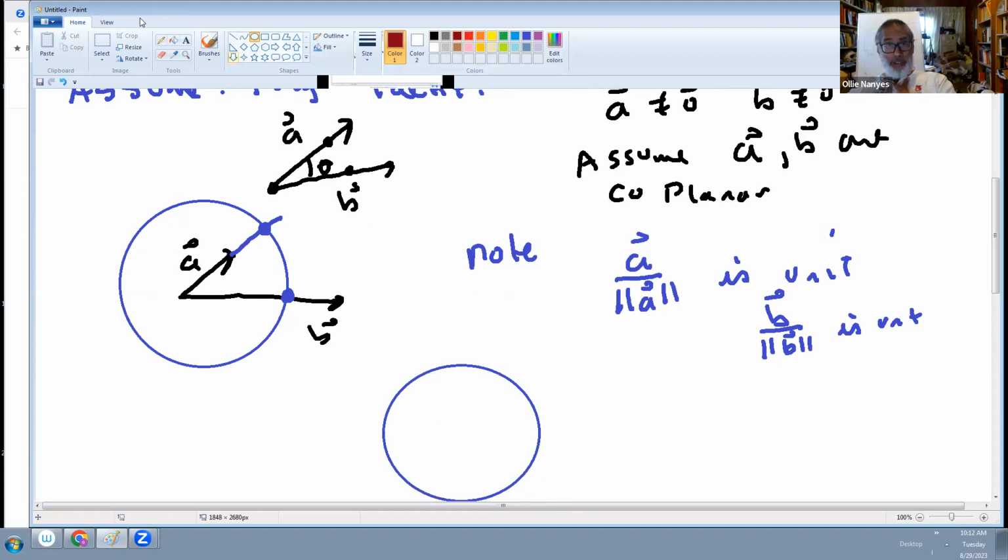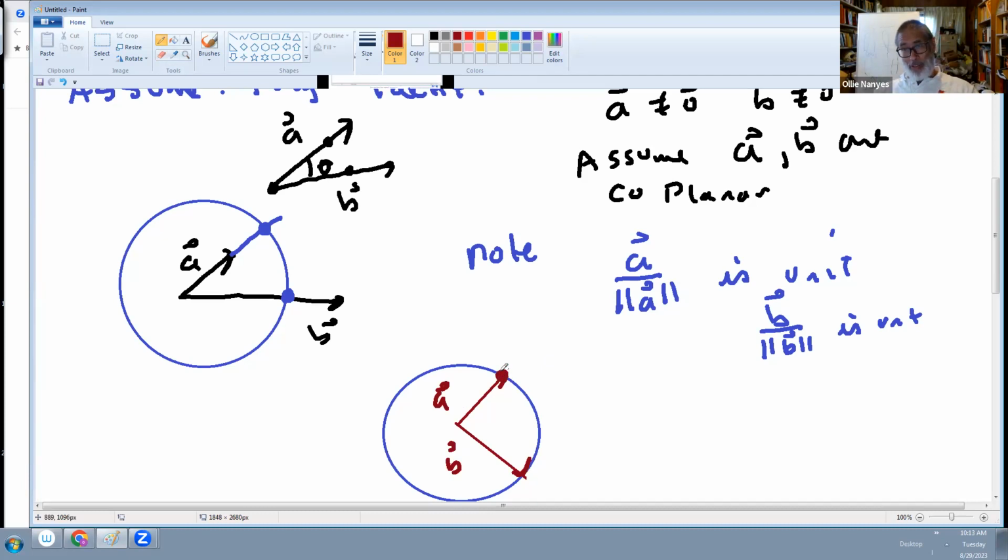And let's look at our vectors from some common point. Now I might draw it like this, and then I'll make it right at the unit circle. This will be vector A. This will be vector B.